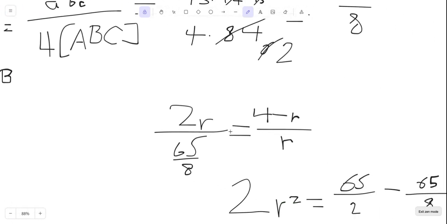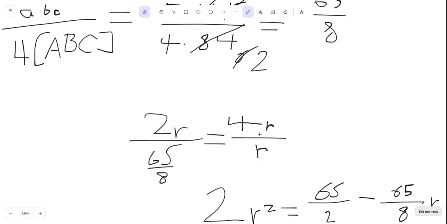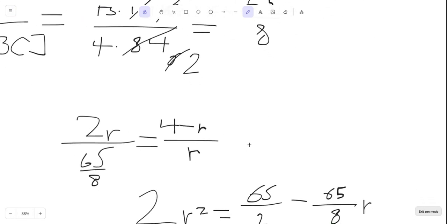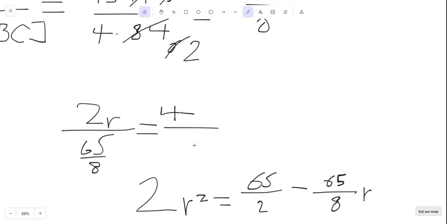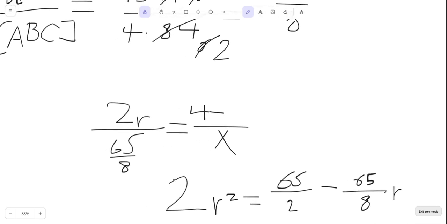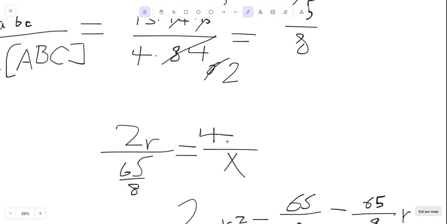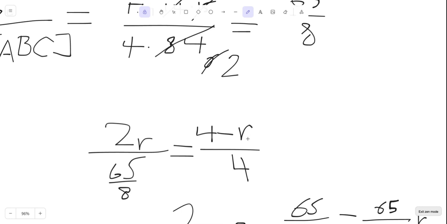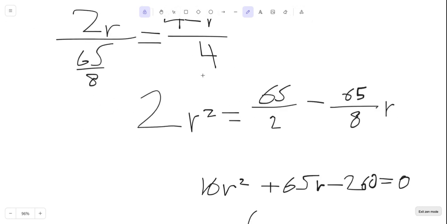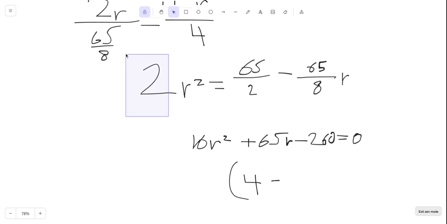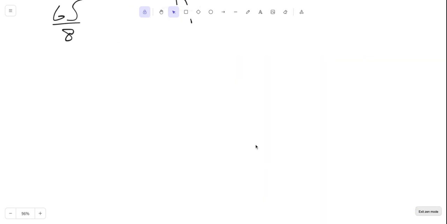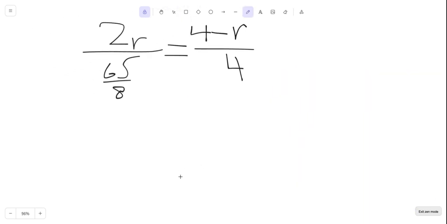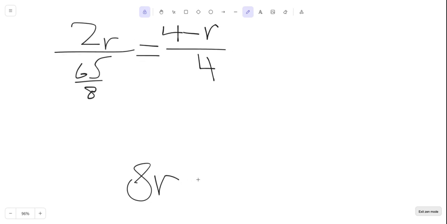Okay, I see what I did wrong. I think the inner radius is just, yeah, that's what I did wrong. This is going to be x as the inner radius of this, and then what we actually got to before, and this would be minus r. Okay, and so the variables again. So 8r cross multiplying equals 5.